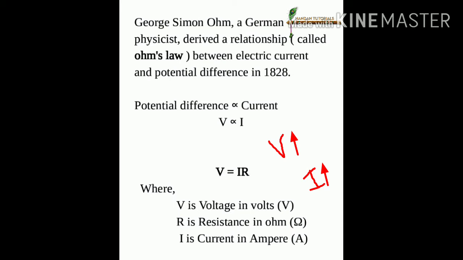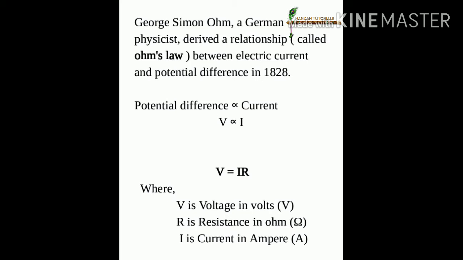He is the German physicist. And here V is equal to I into R. I means current and R is the resistance. All of us know every conductor has some resistance.